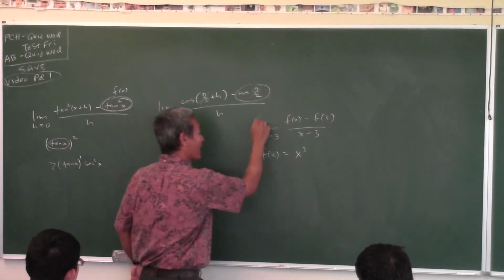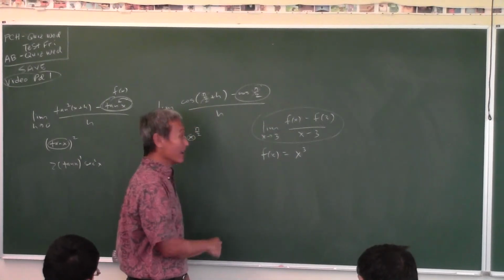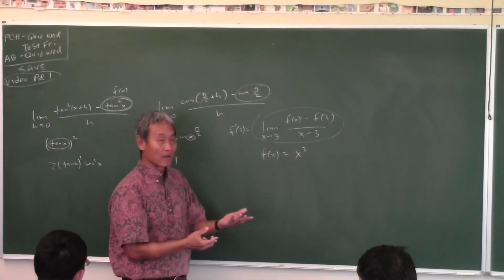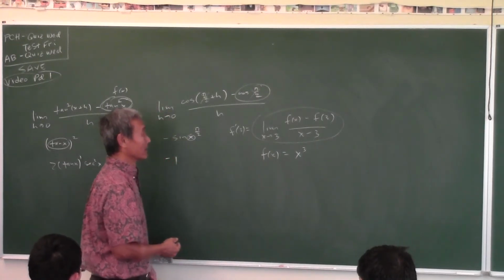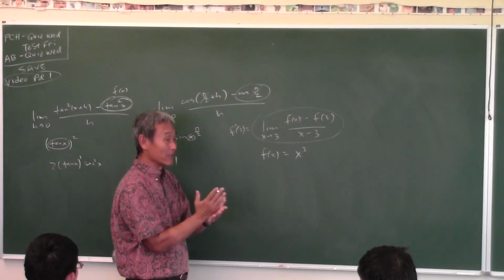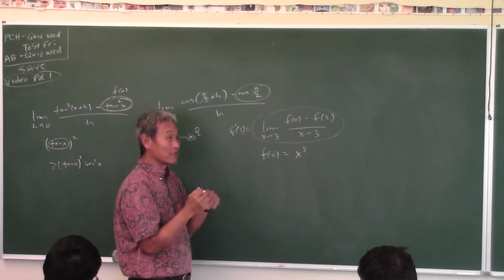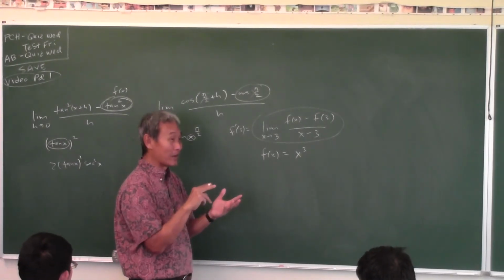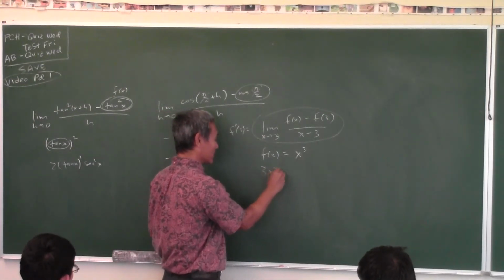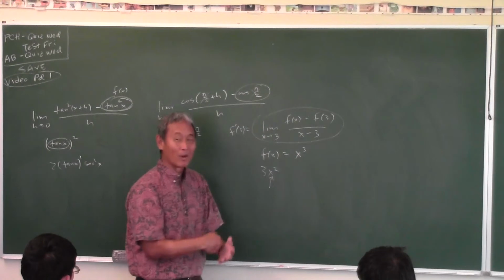That's equal to f prime of 3. Remember, there was a homework problem: this computes the instantaneous rate when x is 3. So all you have to do is take the derivative and plug in 3. The derivative is 3x squared, plug in 3, 27. Bam.